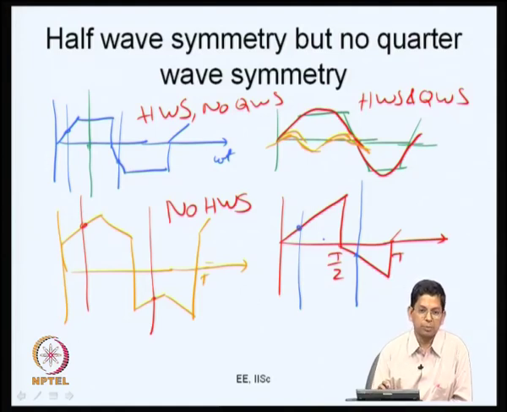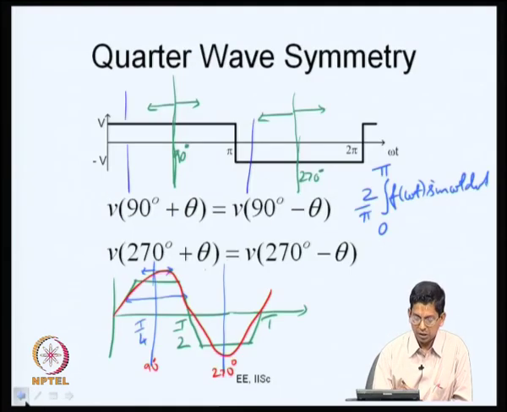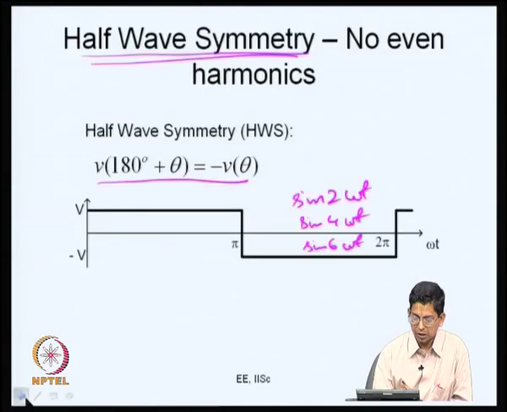So, these are some examples that you can really think of, and as I mentioned earlier, this definition slightly varies. Some authors tend to use different definitions. That is why I re-emphasize, for the purpose of this course, we will define quarter wave symmetry as here and half wave symmetry as here. That is V of 180 plus theta is minus V of theta.